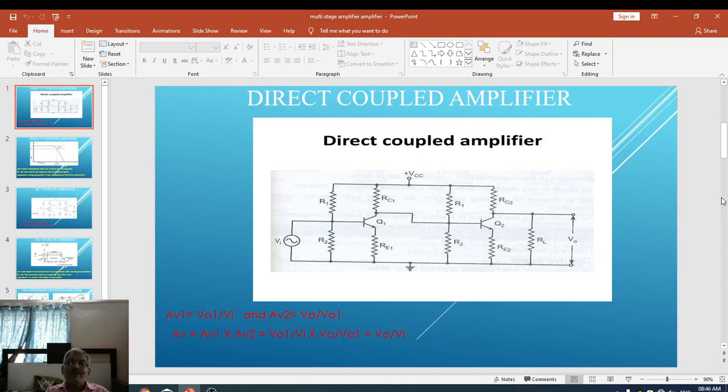Friends, in short, the method of connecting the output of the first stage as an input to the second stage is known as coupling or cascading, and it depends upon the coupling components used, means the way by which the output of the first stage is connected to the input of the second stage.